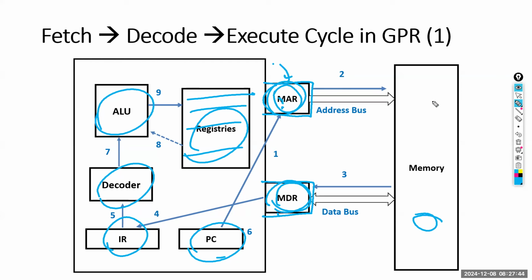Then your memory will read that value through the address bus, because the address bus is used to send memory addresses, and the content of that address will be sent through the data bus. Again, it will be kept in the memory data registry because memory and processor operate at two different speeds. So it will keep it there so that when the processor is ready, it will take it. It will take it to the instruction registry if it is an instruction. It will load it to the general purpose registry if it is related to data.